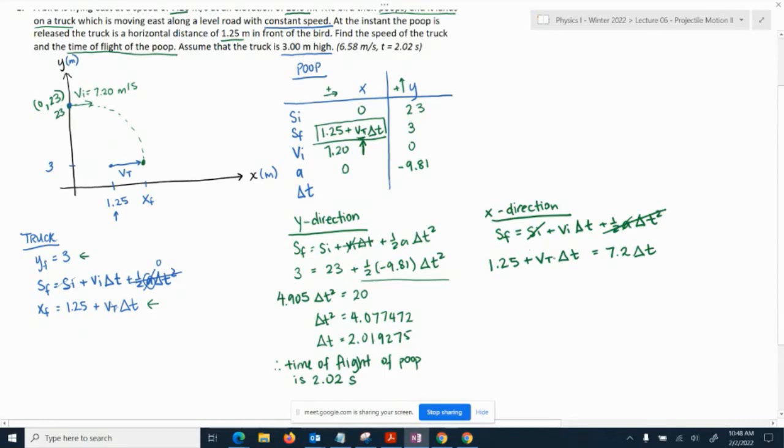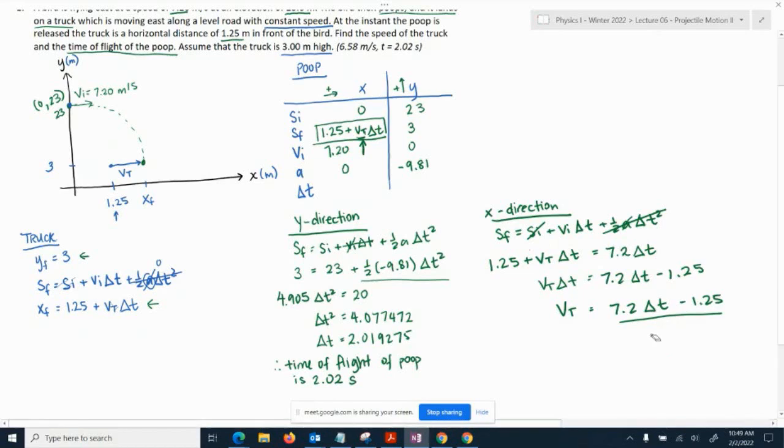So I want to solve for VT, so let's do that right now. I'm going to rearrange the equation. So I'll bring that 1.25 to the other side by subtracting it, and then I'll divide both sides by delta t, and I get VT is equal to 7.2 delta t minus 1.25 over delta t. Okay, so I'm solving for VT.